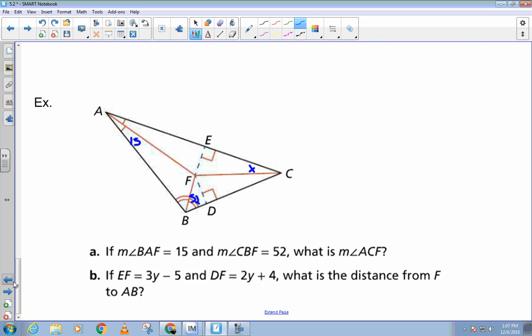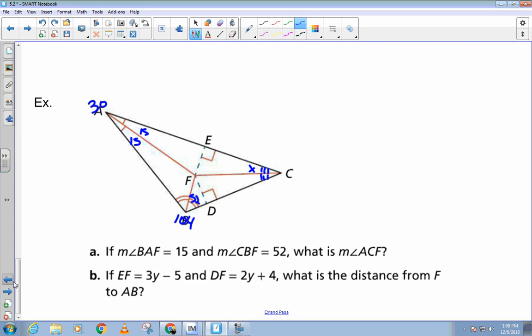You can see that these are both angle bisectors, AF and BF, and since CF intersects it, it's going to be an angle bisector also. Like that one we did a while ago, if BAF is 15, then EAF is 15, and the whole angle is 30.